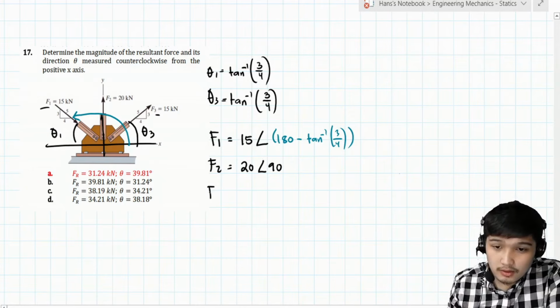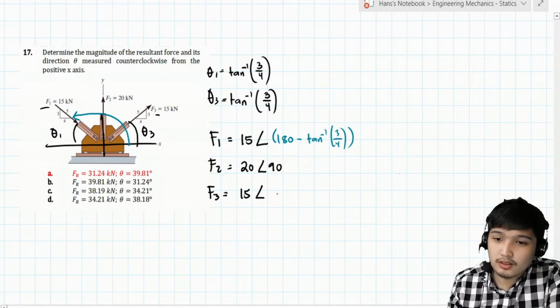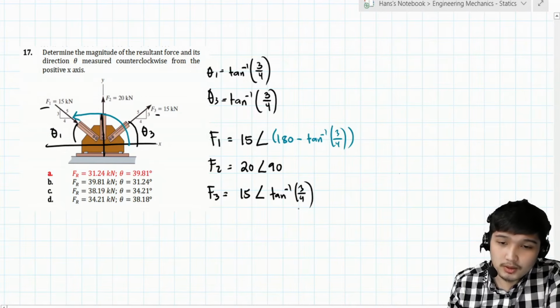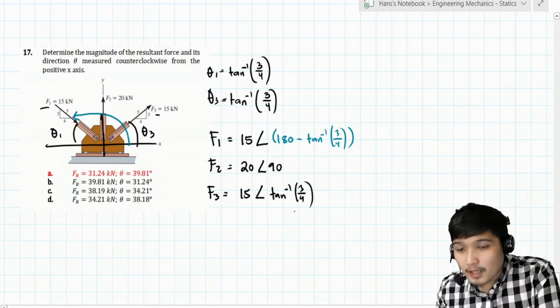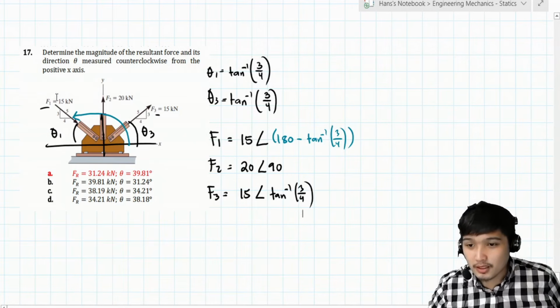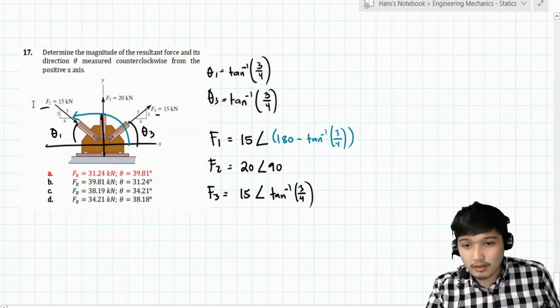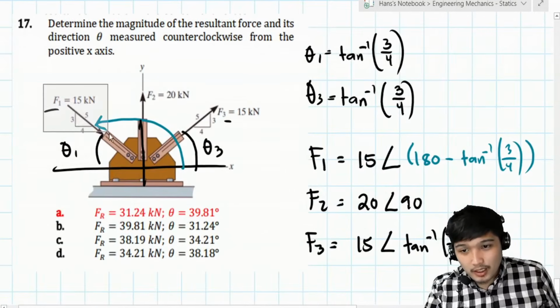And then, for F3, we have 15 angle. So, dito, yung angle niya yung theta 3 lang, which is yung arctan of 3/4. Ups, yun yung problema, no? So, balikan natin class yung F1. Nakikita mo yung direction ng F1.